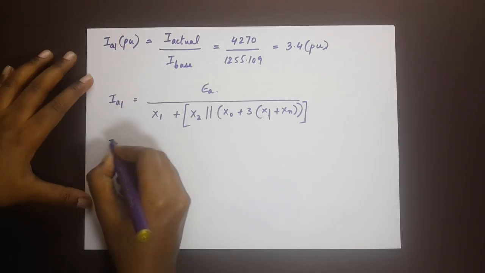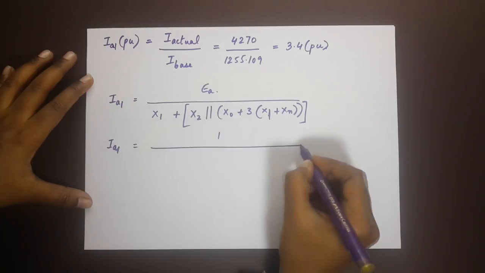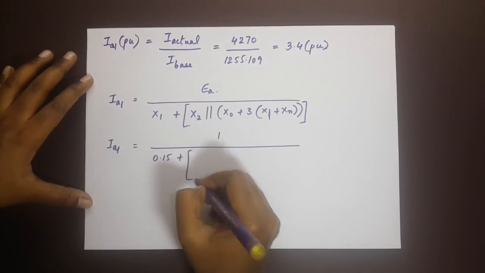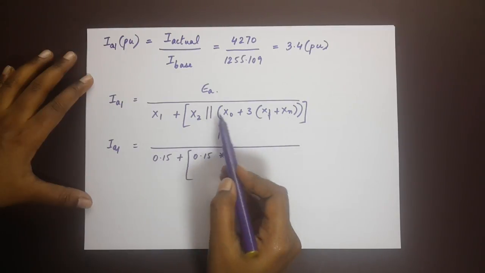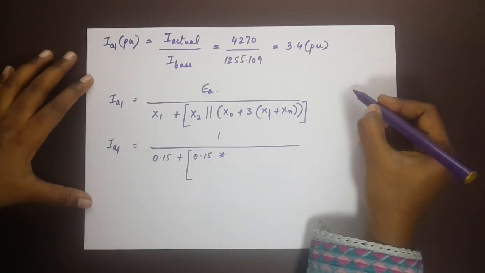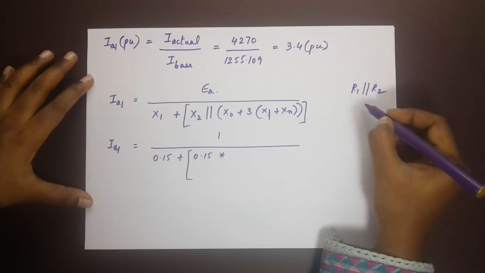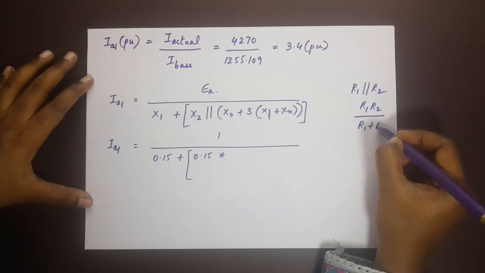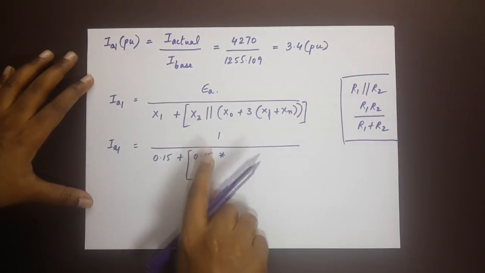So we plug in all the other values and just solve for Xn. So let's see what we get over here. We have IA1 is equal to 1 divided by X1, which is 0.15, plus 0.15 into, now this is parallel, so you'll have to remember your formula when two things are parallel. Basically R1 parallel to R2 would be written as R1 R2 divided by R1 plus R2. So we use the same formula here.